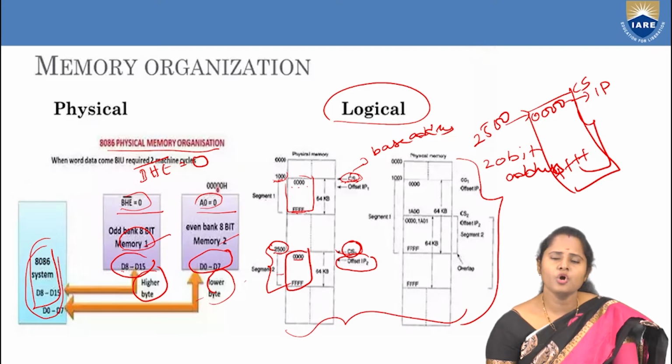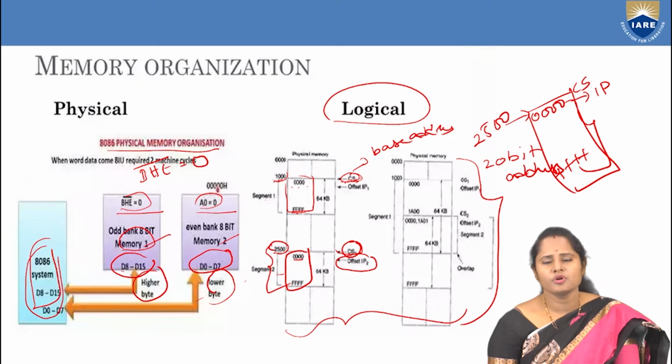Whereas for the logical segment, you can access the data either by using a code segment, a data segment, or an extra segment. To take the data, you need to generate a physical address which is 20-bit.